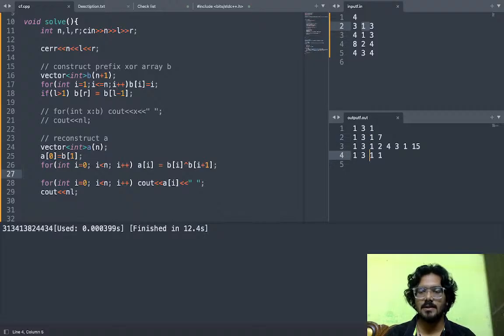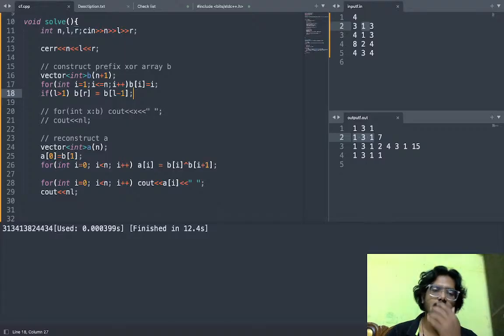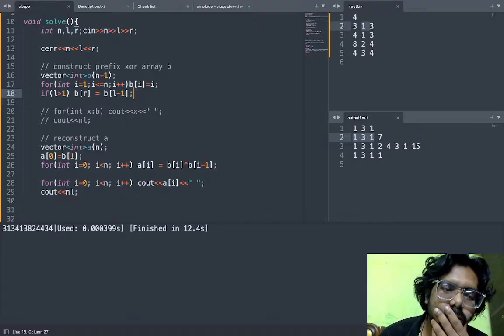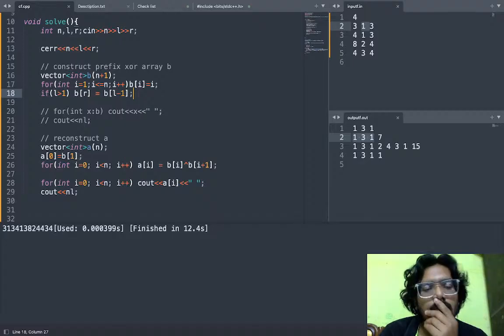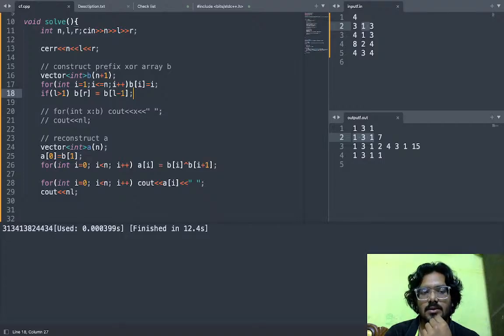Something is missing, right? From 1 to 3 we have to be r equals to L minus 1.